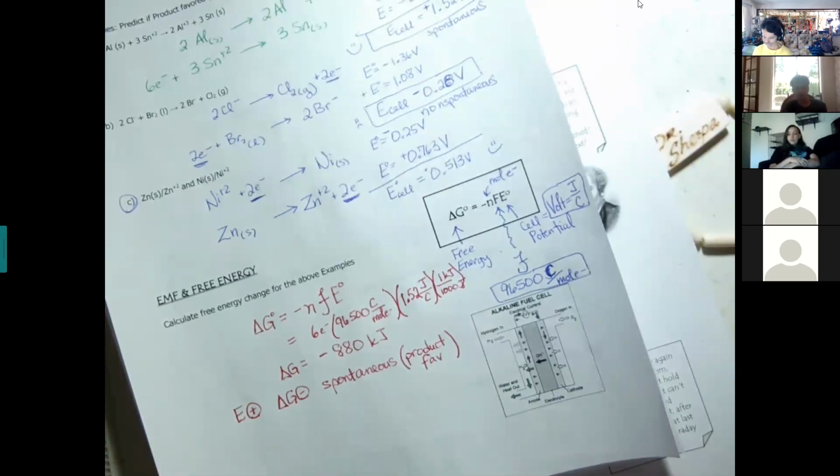All right. Go ahead and punch them all in. When you do the second one, your electrons will be 2.